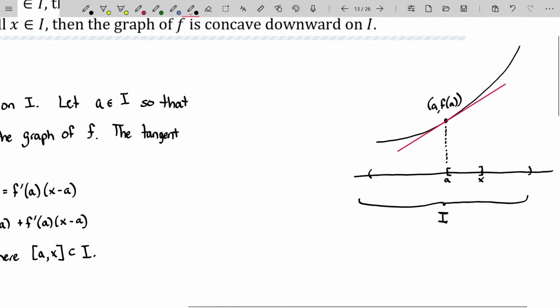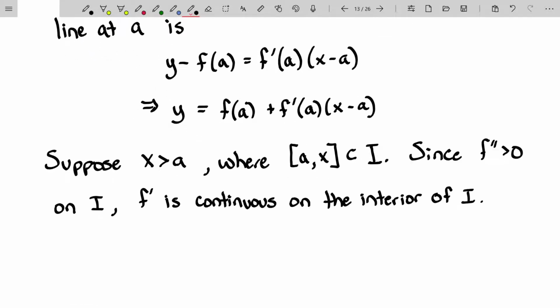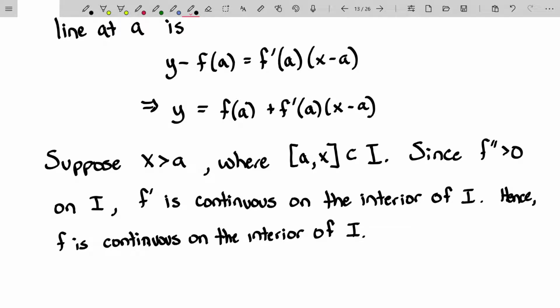So let's go ahead and write that over here. Since f double prime is greater than 0, then f double prime exists. Therefore, f prime, whose derivative is f double prime, must be continuous on the interior of I. And since f prime is continuous, it exists, and therefore f must be continuous on the interior of I. And what does that mean?